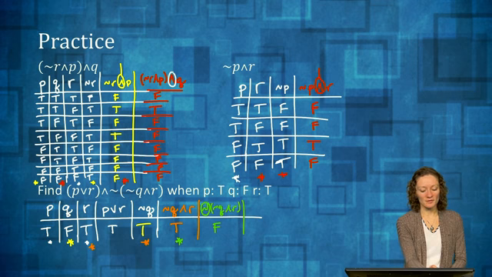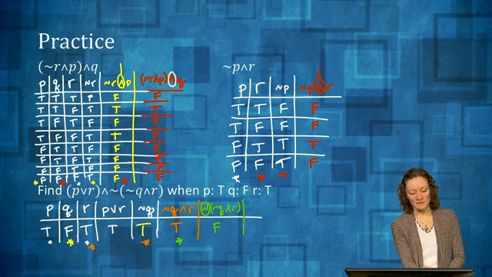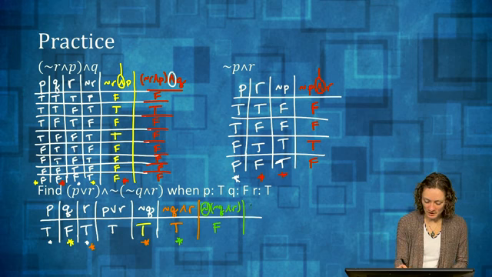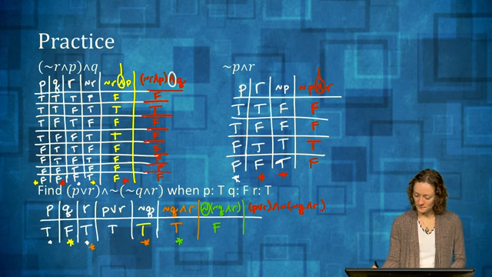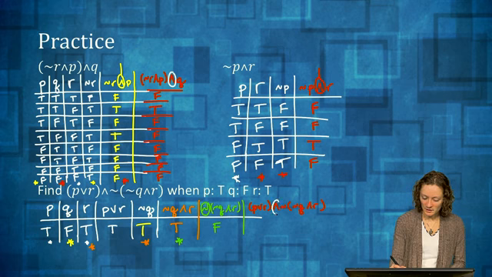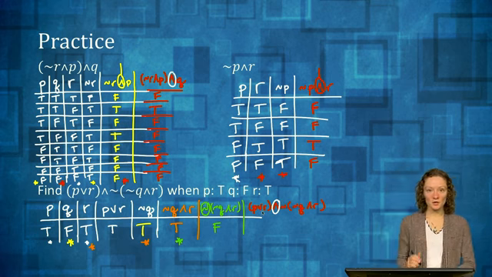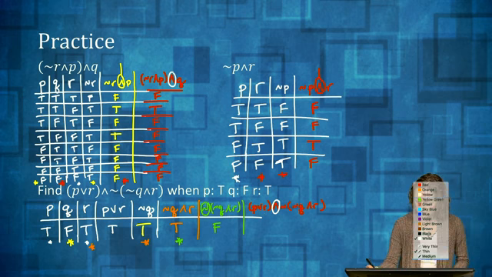And now we have P or R. We also have the negation of negation Q and R, so we can pull the whole thing together to get the final answer, P or R, and negation of negation Q and R. The symbol that we're focused on here ultimately is the down symbol, the one in the middle here, pulling these two big ideas together.